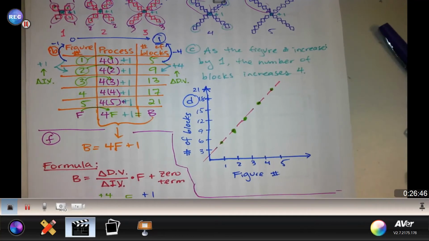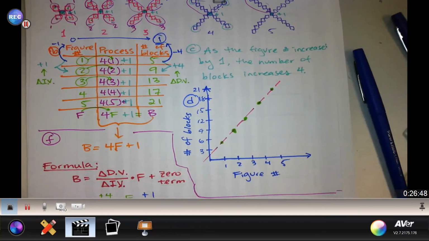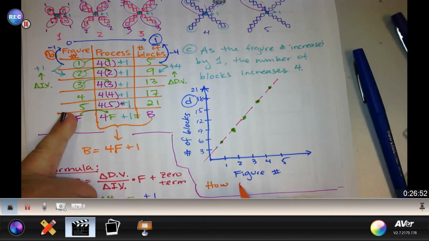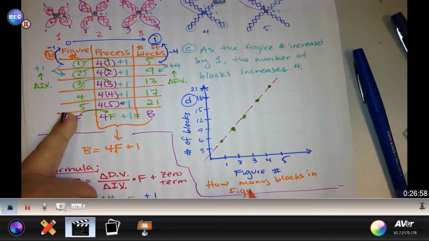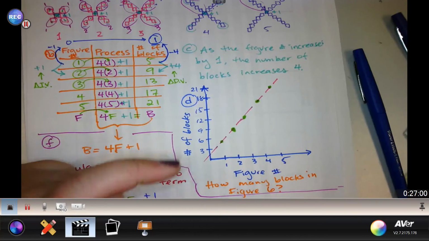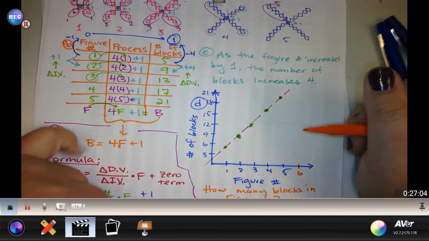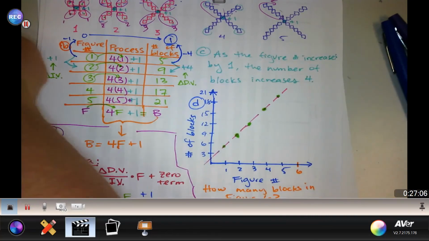But what I could ask is something like, how many blocks in figure 6?